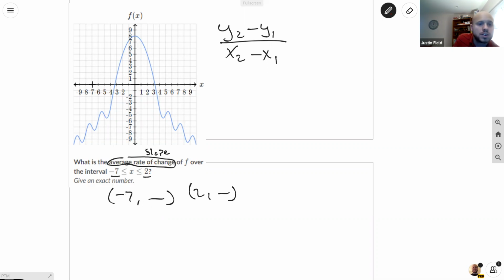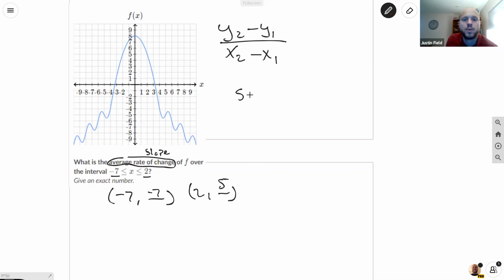What's the value of the function at -7? It's -7. And what is the value of the function at 2? It is 5. And if it gives you a table, you can do the same thing. Just figure out what the y values are, what the x values are, and then calculate your slope.